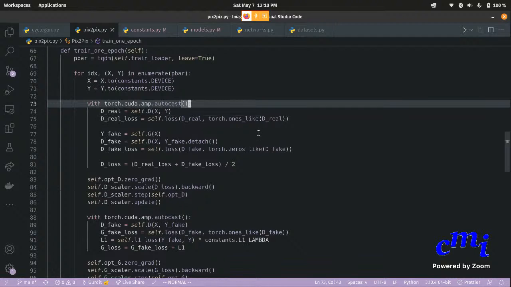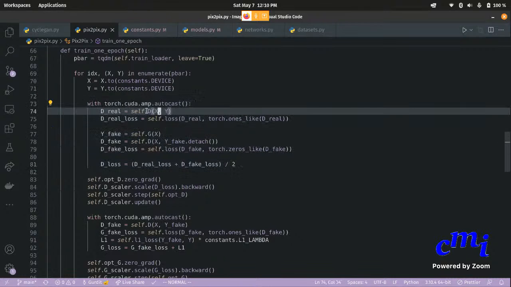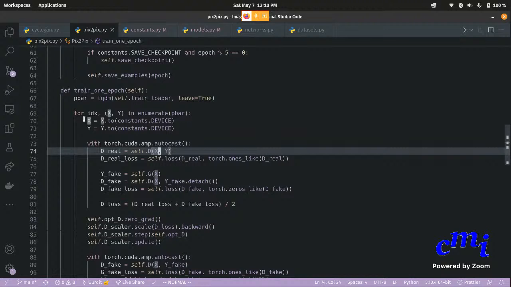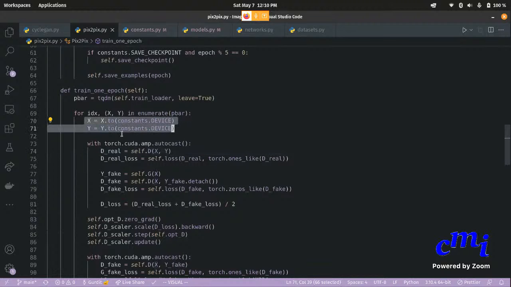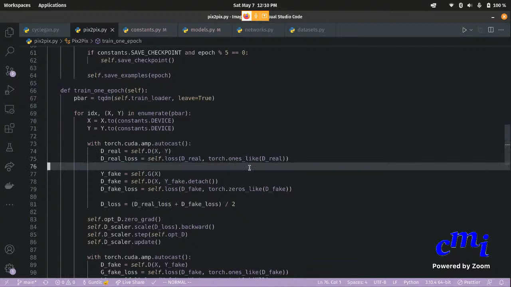Oh, okay. So for the discriminator, we take two samples from the data set, X and Y. These are paired samples. Pass it through the discriminator. It's a conditional discriminator, so it takes both, and it generates some probability matrix. For the real image, we want it to predict 1.